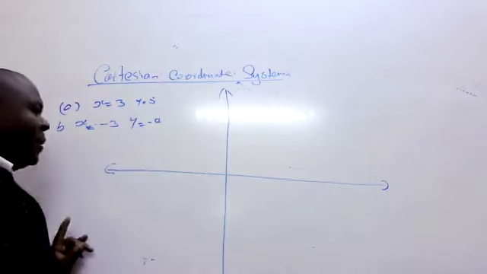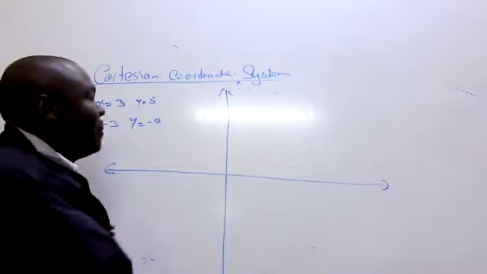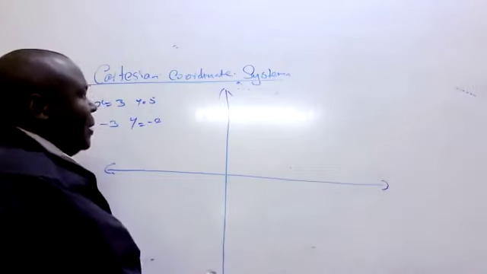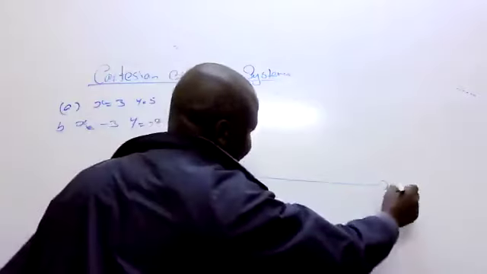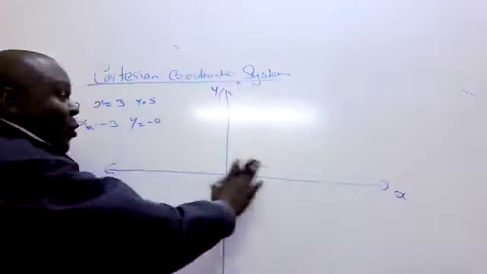So when you're drawing this particular graph, this is going to be our y-axis, and this is going to be the x-axis. Now this side we know is positive.